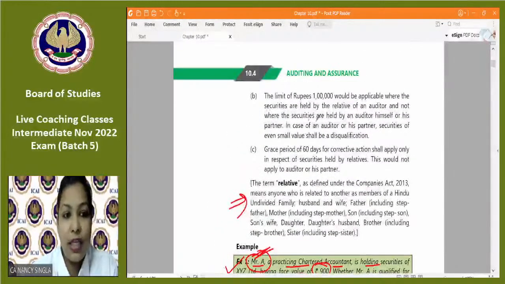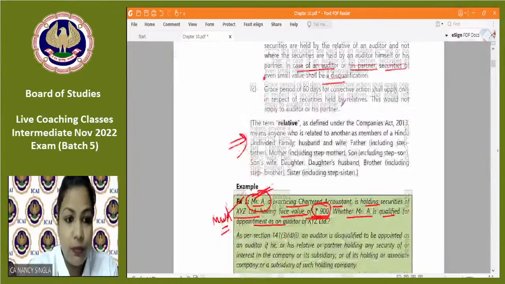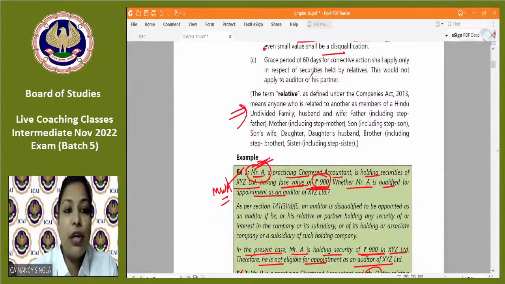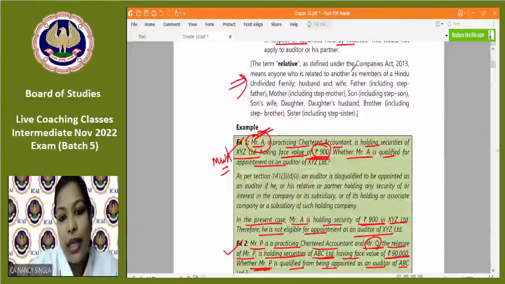And see, it is specifically mentioned: in case of an auditor or his partner, securities of even small value shall be a disqualification. ठीक है. And the grace period of 60 days for corrective action shall apply only in respect of securities held by relatives. This would not apply to the auditor and partner.